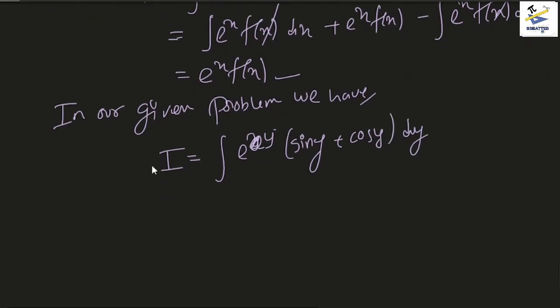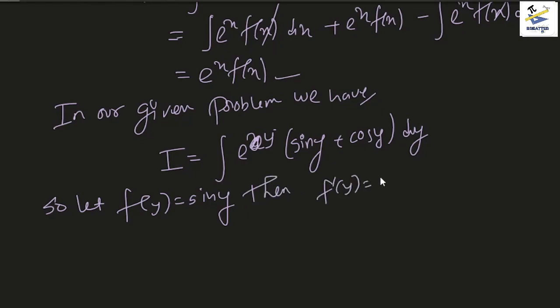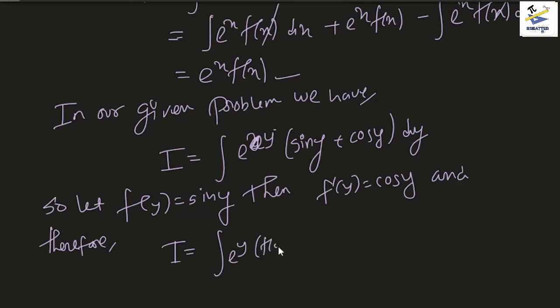So let f of y equal sine of y, then f dashed y would be equal to cosine of y, and therefore I equals e to the power y into f of y, which is sine of y, and cos y is the derivative, so f dashed y, right?